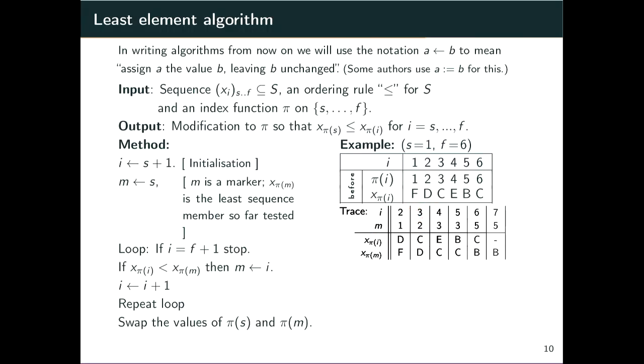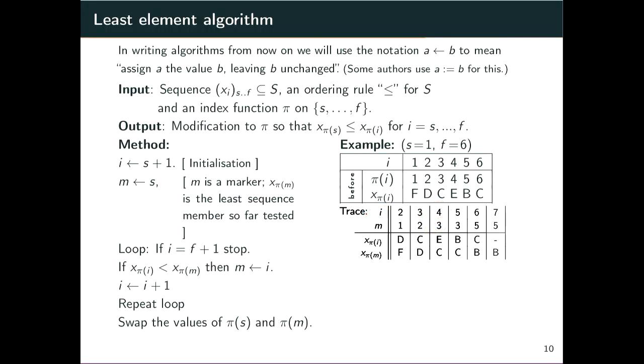And then we do the same process. So what's x pi 3? X pi 3 is exactly C. And then x pi 2 is, of course, the D that we've just found. C comes before D. So again, we change our marker according to this. And so our m will become 3, and then we just increase our index by 1 to 4.